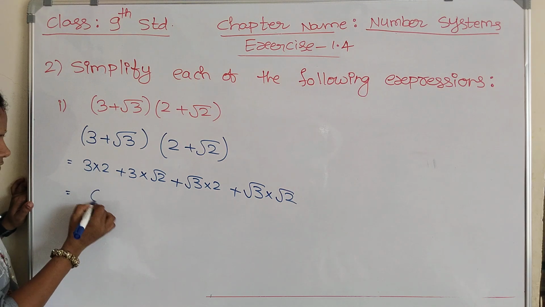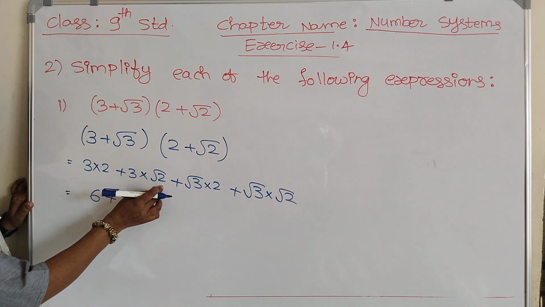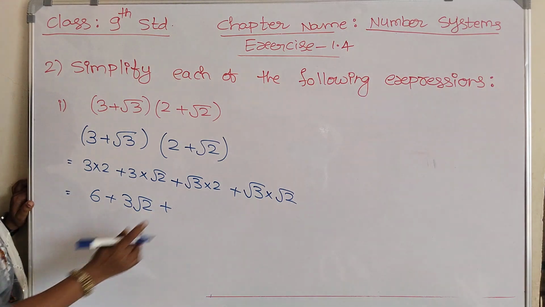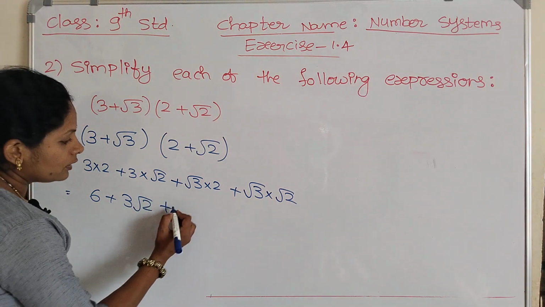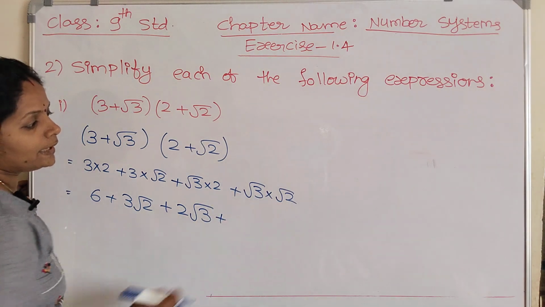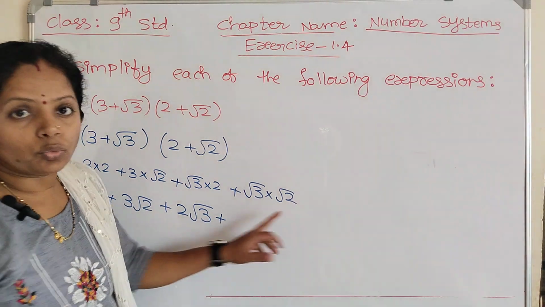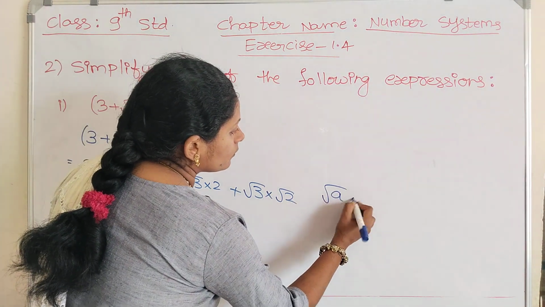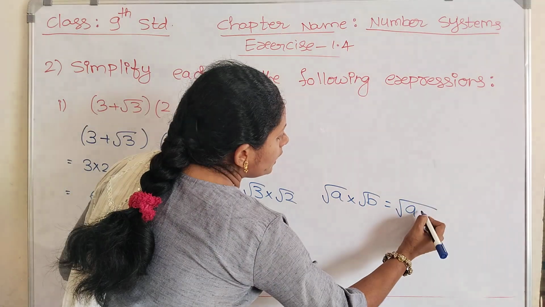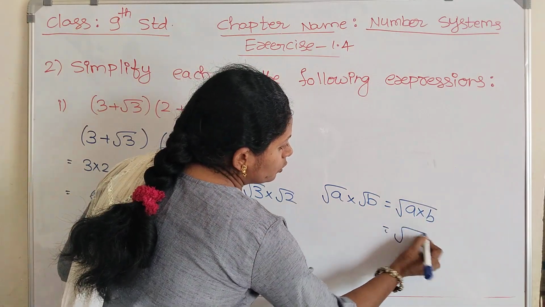3 twos are 6, plus 3 into root 2 we can write as 3 root 2, plus 2 into root 3 we can write as 2 root 3, plus root a into root b can be written as root of a into b, that is root of ab.